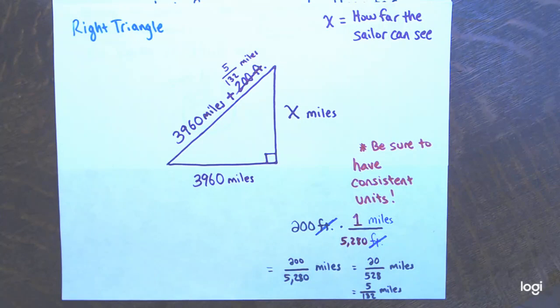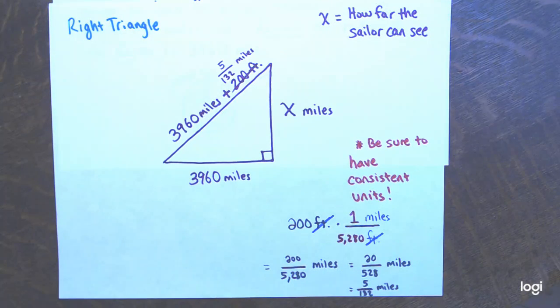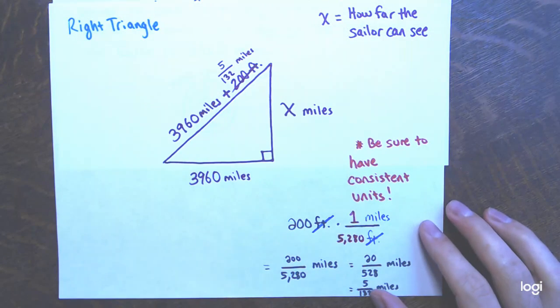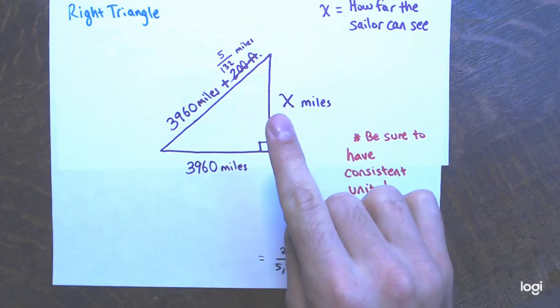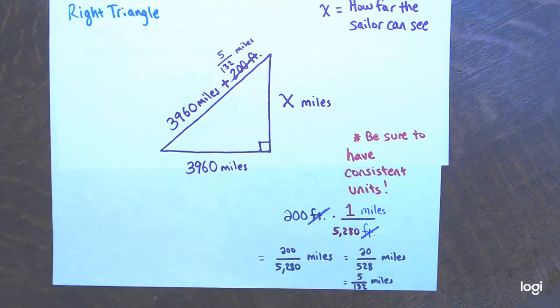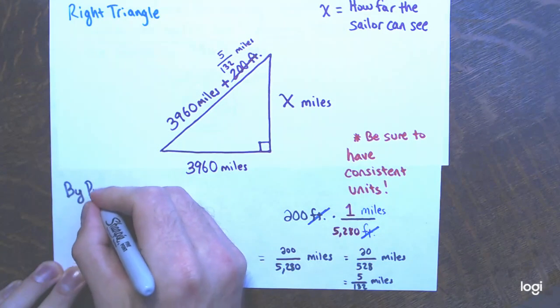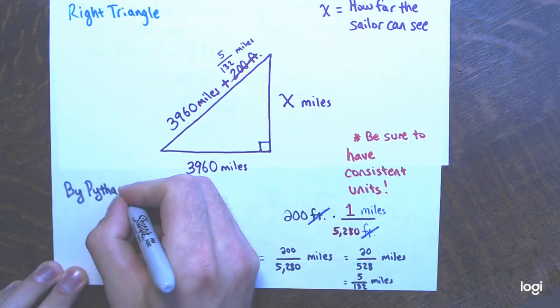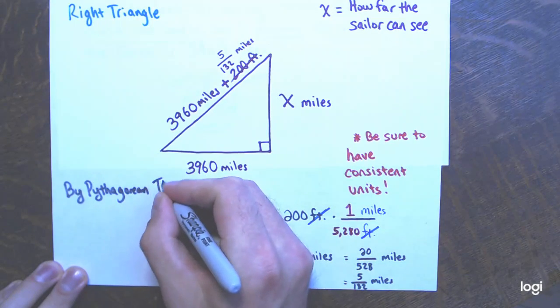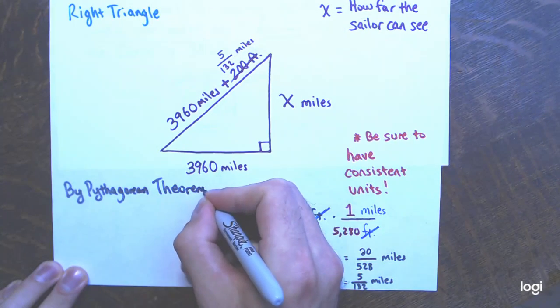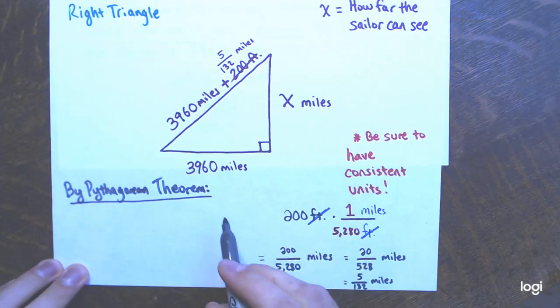Now that I've done that, got all my units consistent, let's solve for x. I want to find how far the sailor could see, how far he could see 200 feet up that mast. So by the Pythagorean Theorem, the value of one leg.